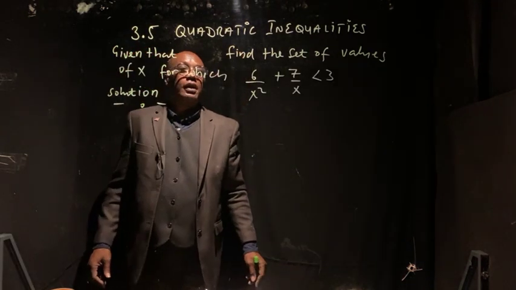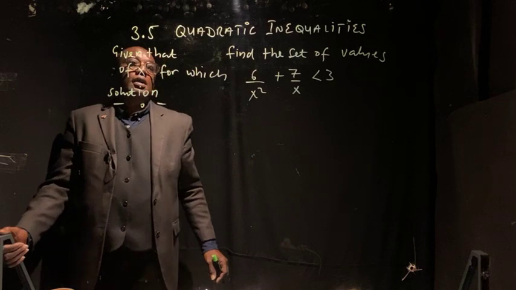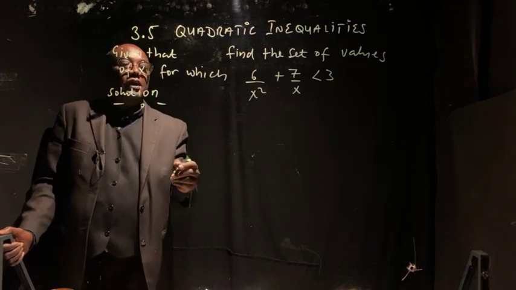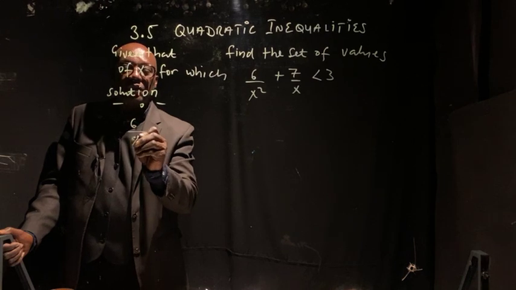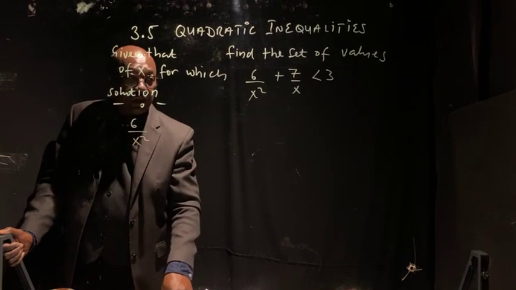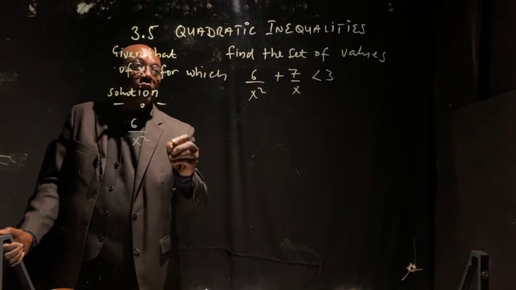Why come back again? This is another question. I mean, it is becoming funnier. So this one becomes 6 over x squared. We multiply both sides by x squared anyway.